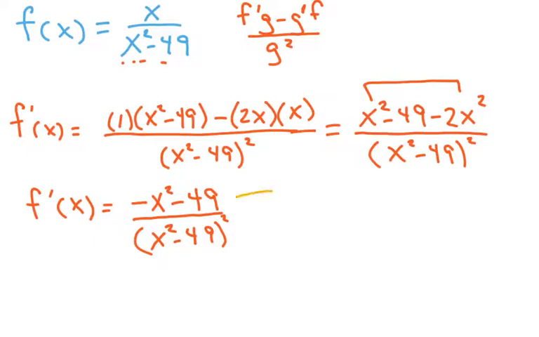It might be very tempting to try to simplify this, but those are not the same thing. And the way that I see it is by writing the derivative like this. My denominator is unchanged.